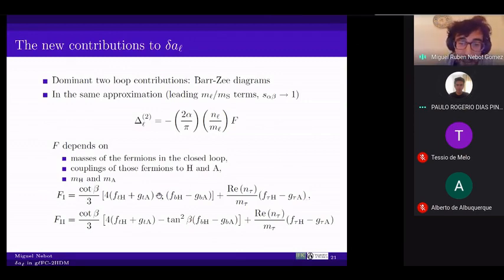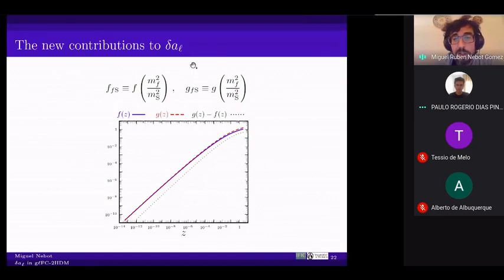And now we have these F's, G's, which depend on the fermion inside the loop, on the scalar connecting that. But the thing is that these functions here, F and G, well, first, they are very similar. In fact, the difference is just 1/10 of each of them, so they are quite close.